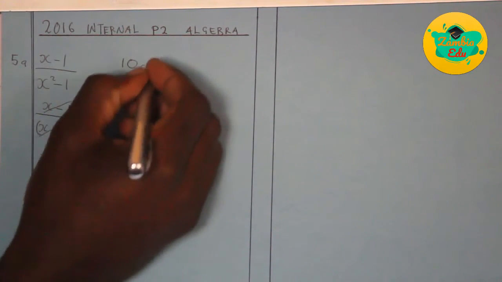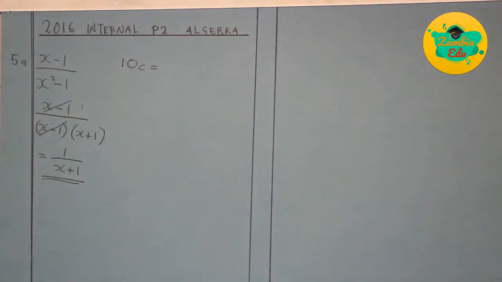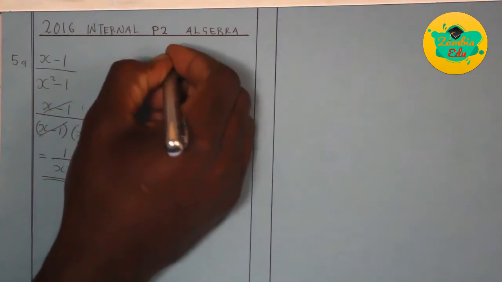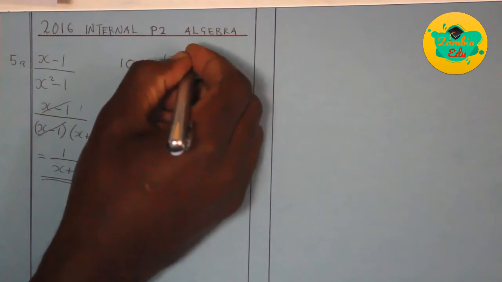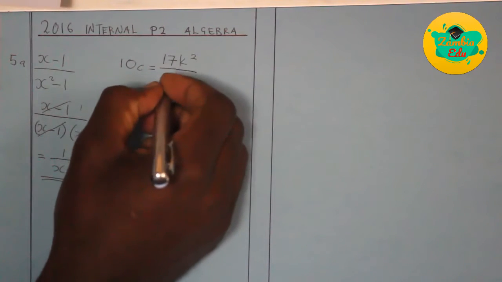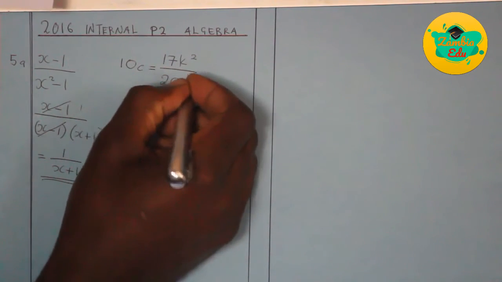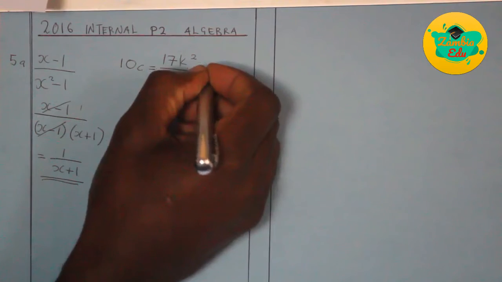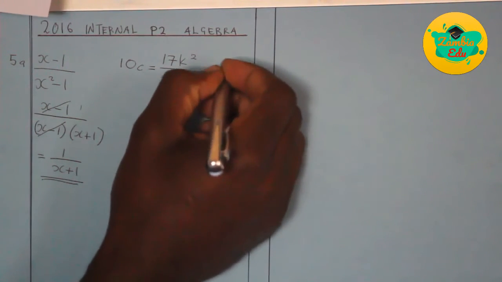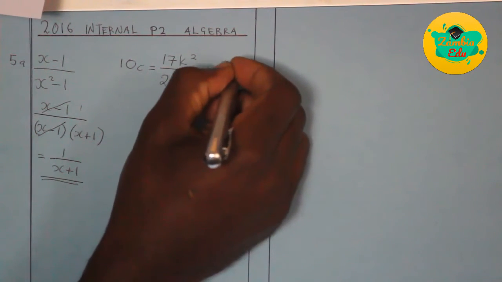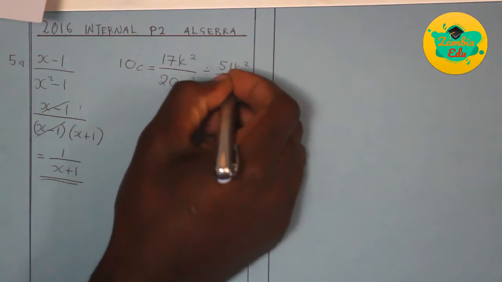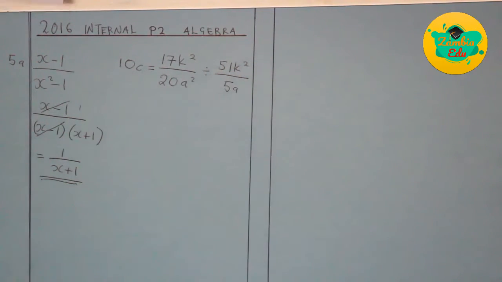What we are being told about question 10c is simplify 17k squared over 20a squared divided by 51k squared over 5a. How do we solve that one?